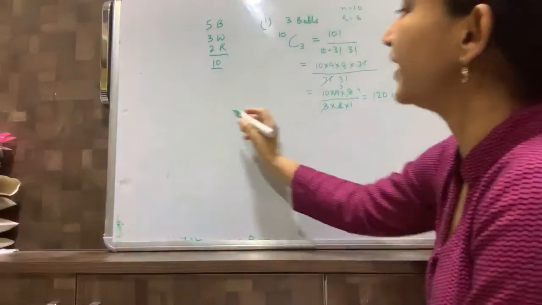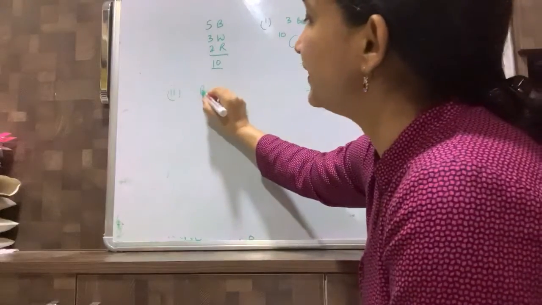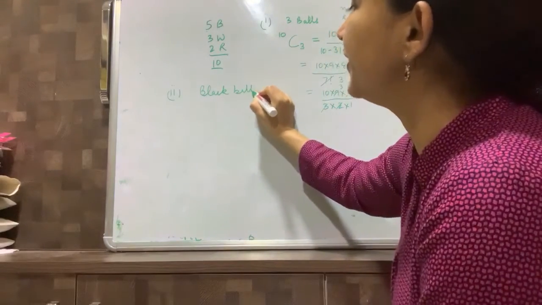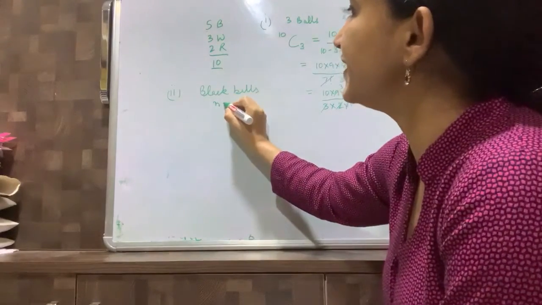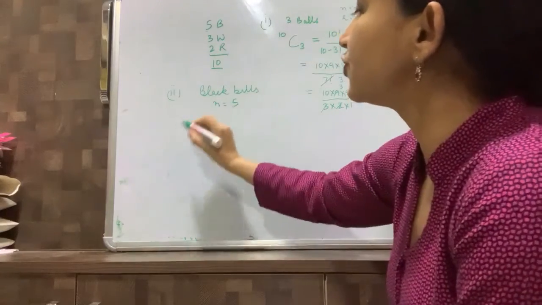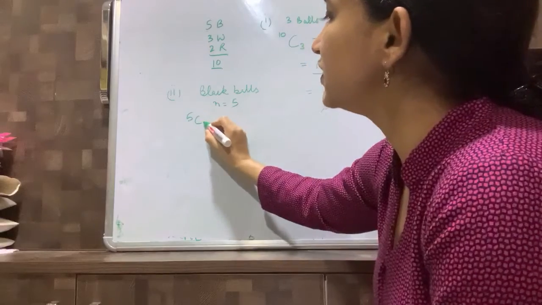The second part of the question is that in how many ways 3 black balls can be drawn. So the second part of the question is regarding the black balls. In that case the N changes because now we are interested only in the black balls. So for the black balls N is equal to 5 because we have 5 black balls. So our formula will be 5C3.